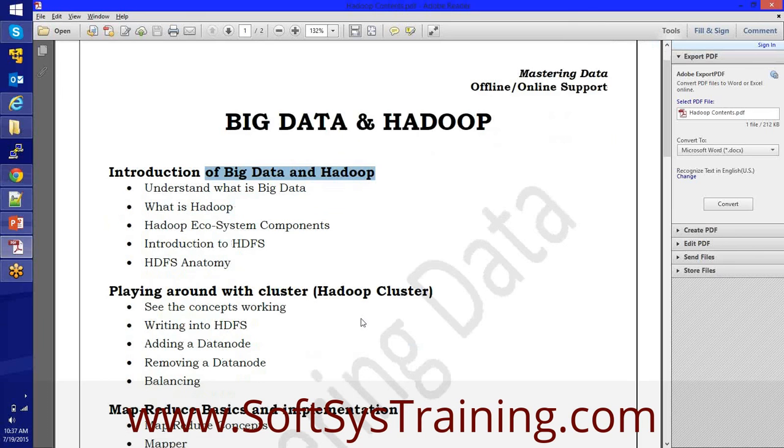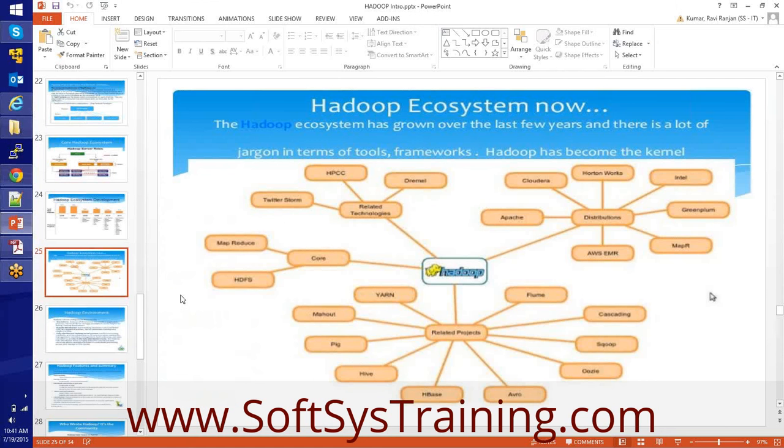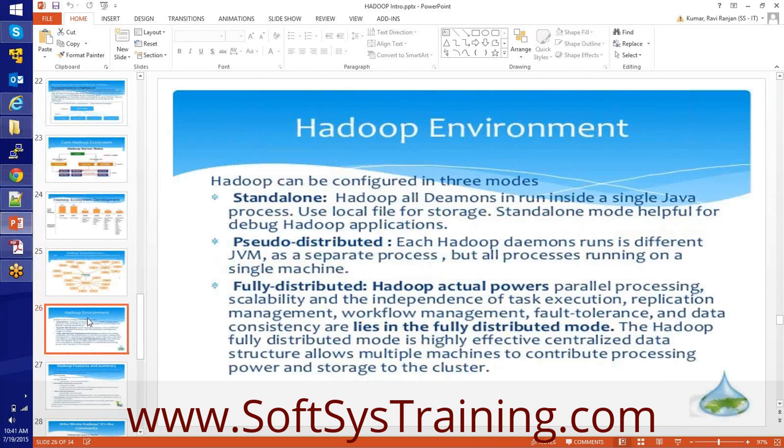Introduction: if you just Google Hadoop ecosystem tools, you will get hundreds of tools, but all those hundreds of tools are not being used. The Hadoop environment works on three systems: standalone, pseudo-distributed, and fully distributed.